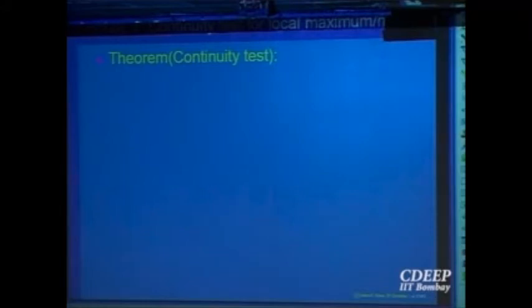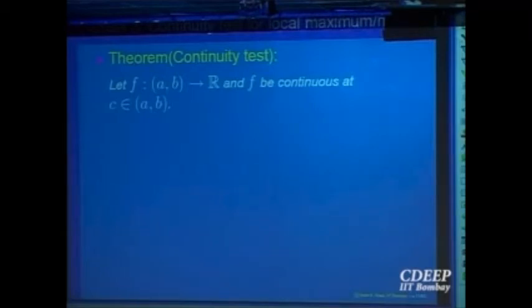So the continuity test says: look at a function in the interval a b, and c is a point where we want to analyze, and assume that the function is continuous at that point. The function is continuous at the point x is equal to c, and at c we want to say that the point is a point of local maximum or local minimum. Then what do we require? In a neighborhood, if you want a local maximum, f of c should be bigger than or equal to f of x.